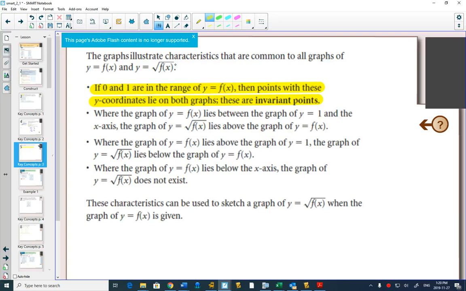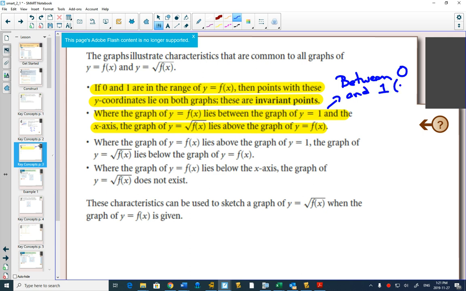Second point. If your y values are between 0 and 1, your square root graph will be above the original graph.